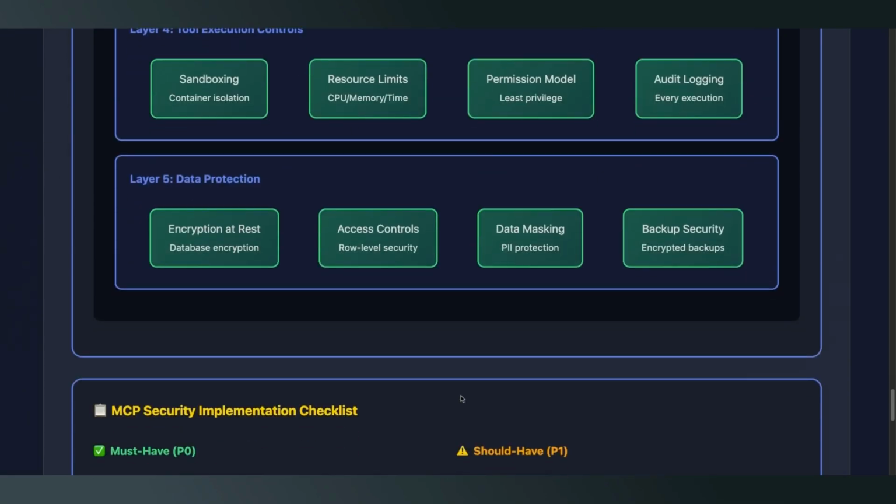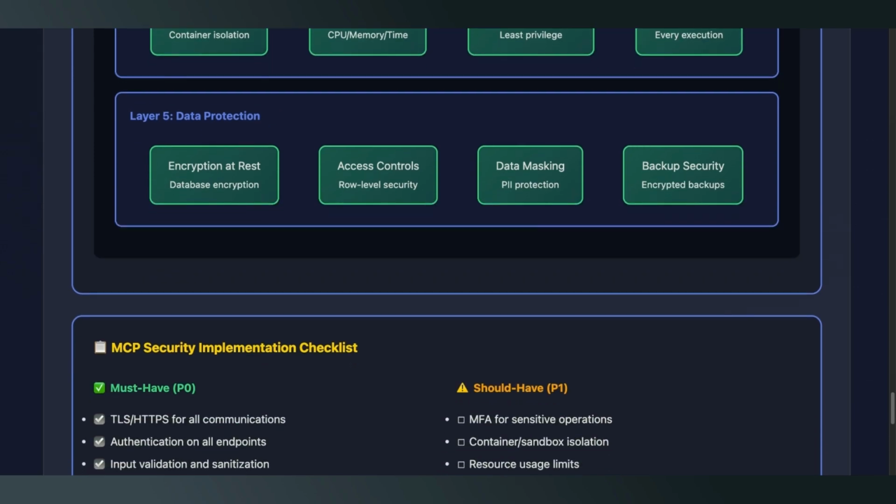And on the API or database end, ensure all the databases are encrypted at rest, and before you execute the actions, ensure there is proper access control set. And whenever tools are going to interact with PII data, ensure you mask the sensitive information and follow backup security mechanisms, and ensure you have a periodic backup mechanism scheduled, right?